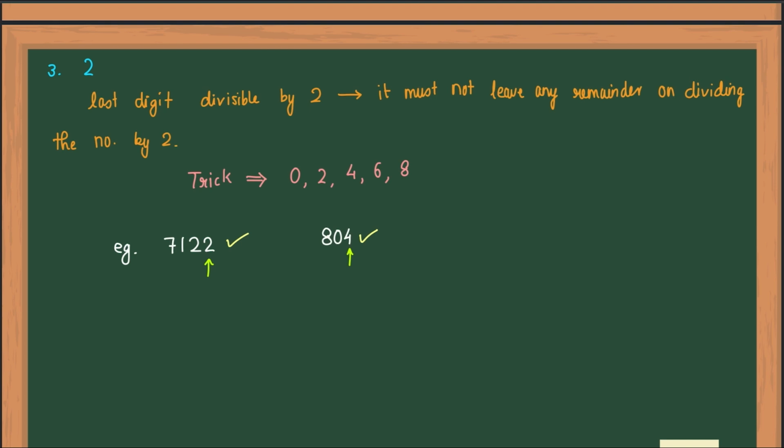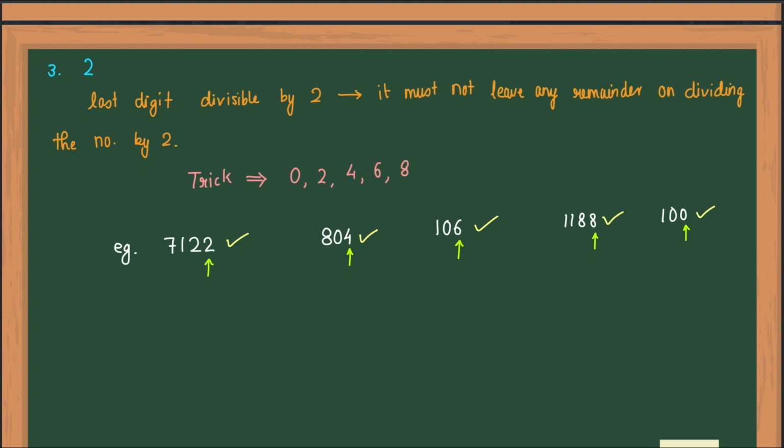If I am taking up 106, the last digit is 6. So it is also divisible by 2. If I am taking up 1188, the last digit is 8. So this is also divisible by 2. And if I am taking the number 100, the last digit is 0. So this is also divisible by 2.